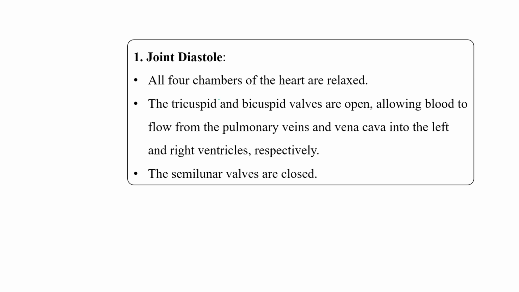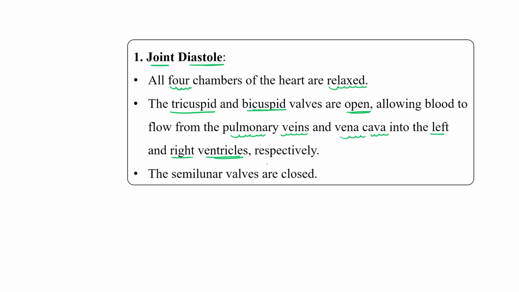First step is joint diastole, in which joint means all four chambers are involved. In joint diastole, all four chambers of the heart are in a relaxed position, where the tricuspid and bicuspid valves are open, allowing blood to flow from the pulmonary vein and vena cava into the left and right ventricle respectively.